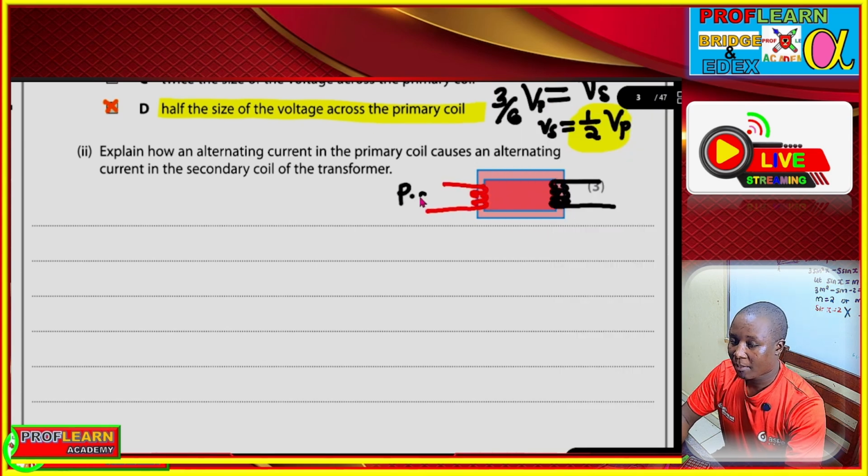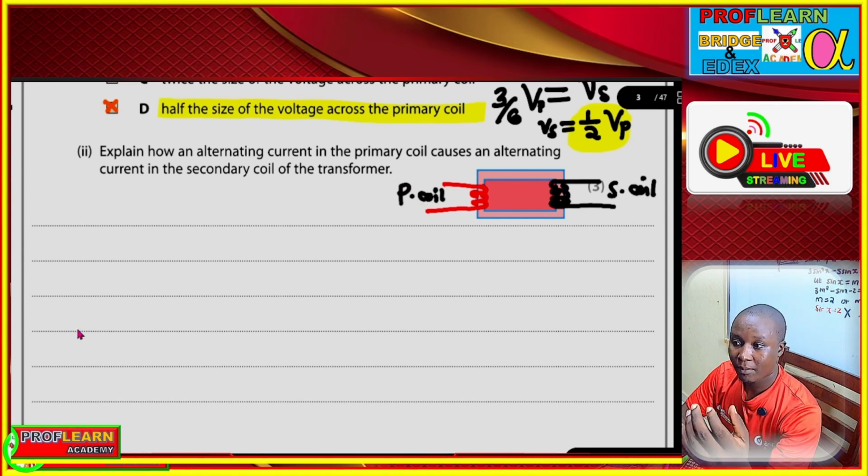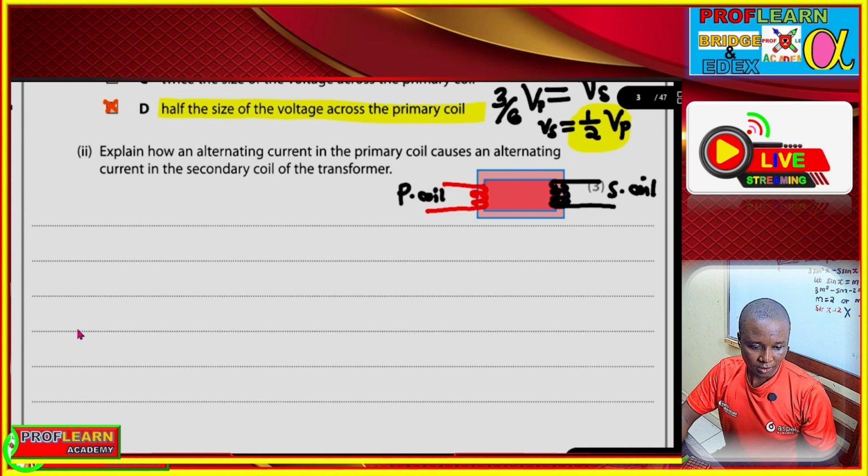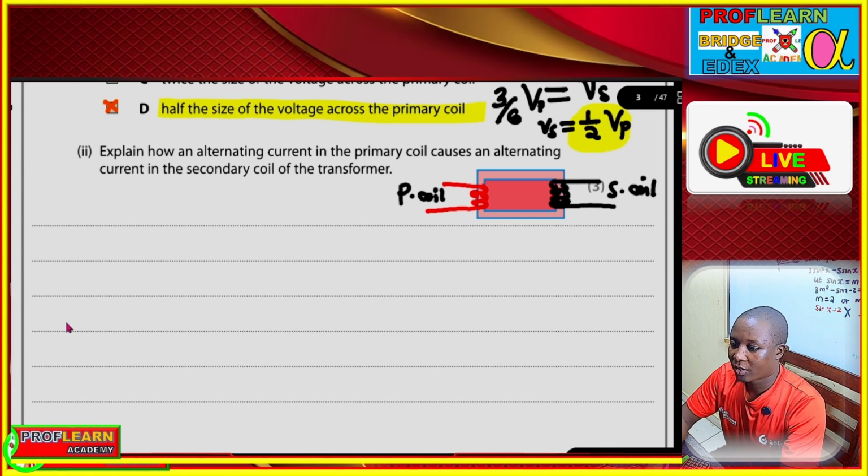The main features of a transformer are the primary coil and the secondary coil, whereby the primary coil is the input and the output is the secondary coil. We also have a soft iron core.